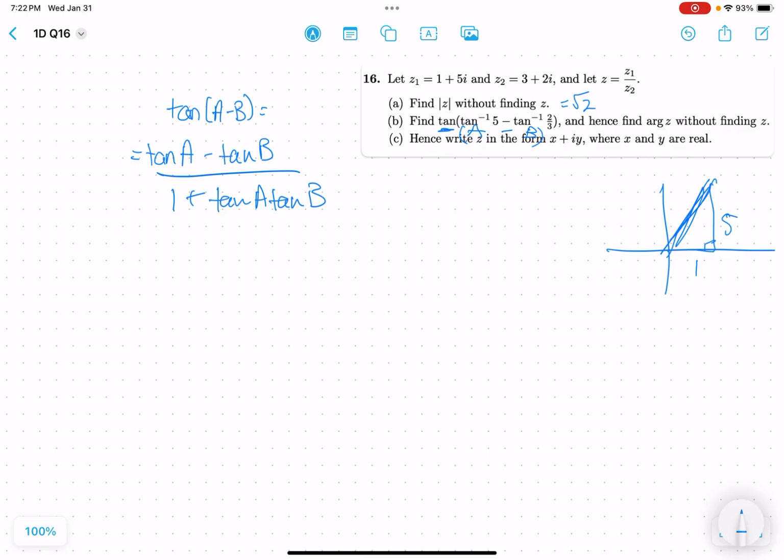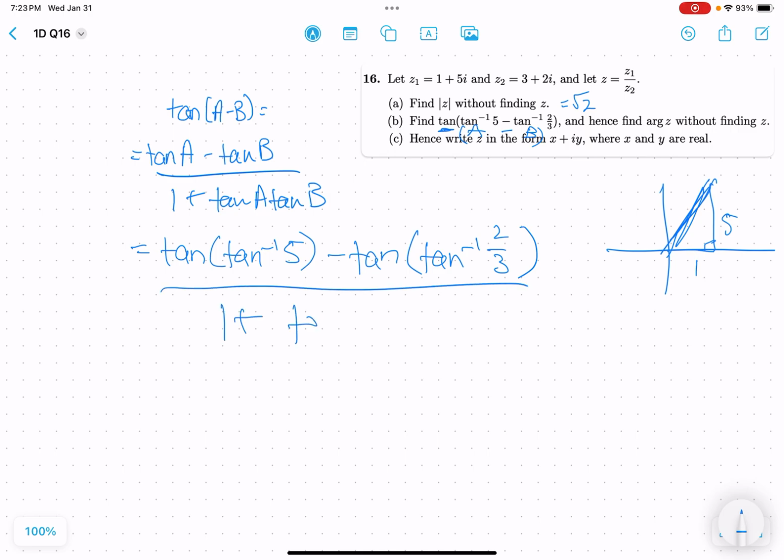Right, so we're letting our A be inverse tan 5 and our B be inverse tan 2/3. So if we write that out using the formula, we've got tan of inverse tan 5, minus tan of inverse tan 2/3, all on 1 plus tan of inverse tan 5 times tan of inverse tan 2/3.